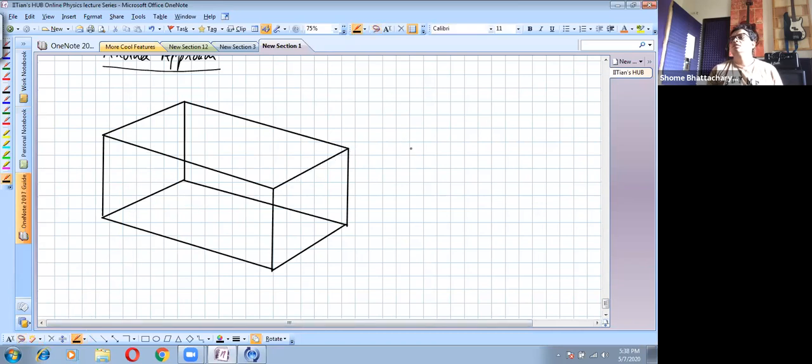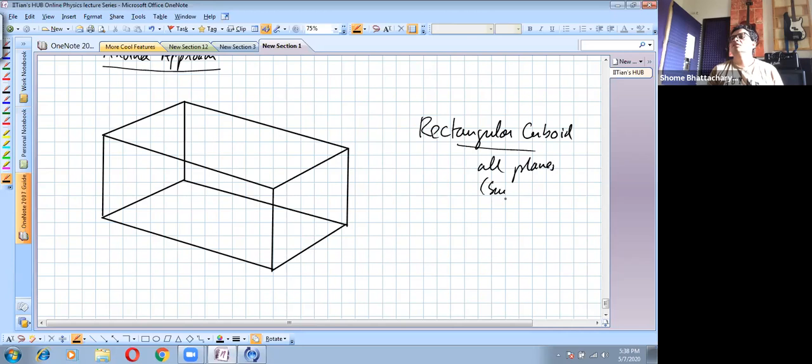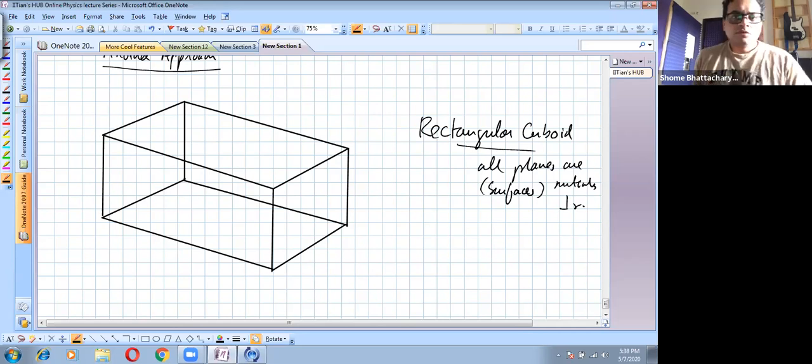So this is a rectangular cuboid, where all planes or surfaces are mutually perpendicular. Now you take any one corner of this as your origin, and you'll see that each of the edges will become an axis.